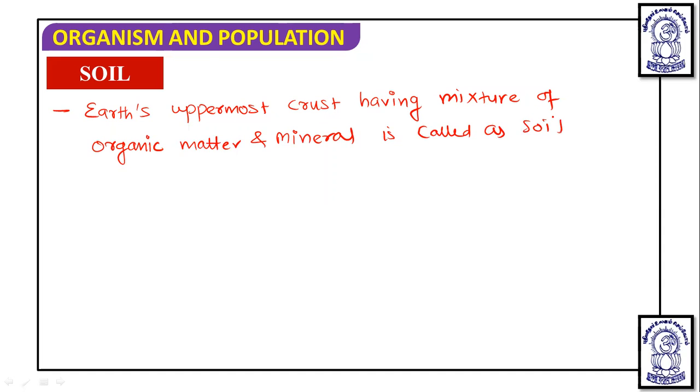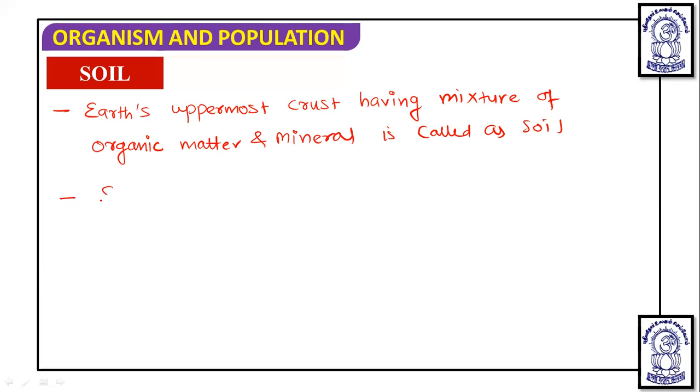So it is the uppermost layer, which has organic matter as well as mineral. Then it is known as soil. And we know that it is a complex mixture of mineral particles, organic matter, soil air, soil water, and soil organisms.